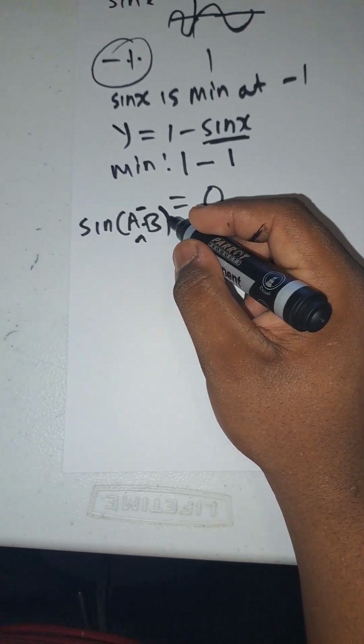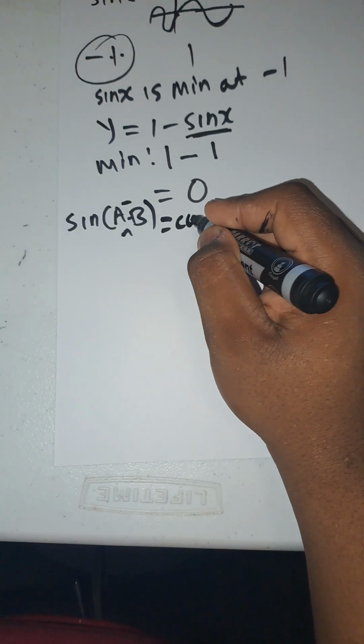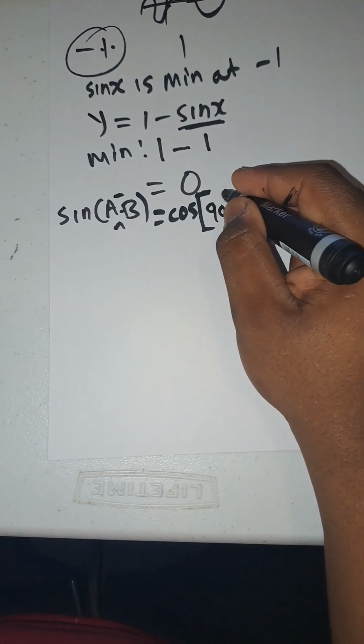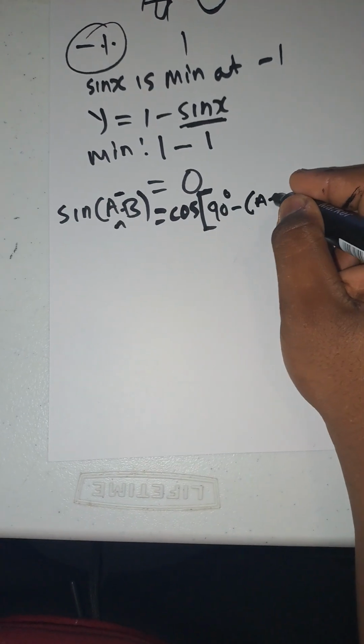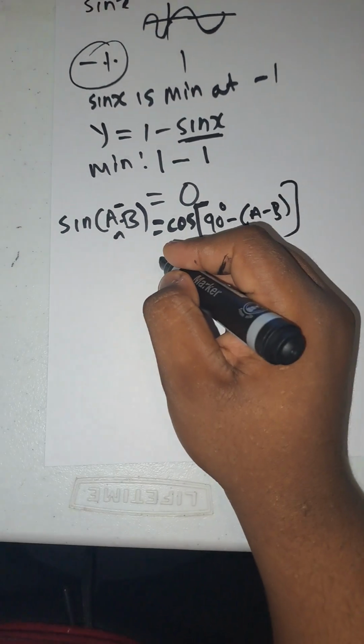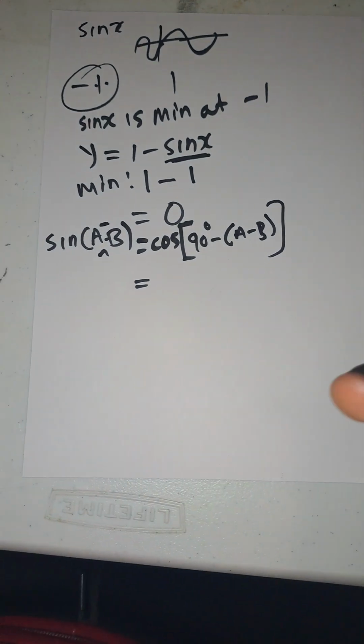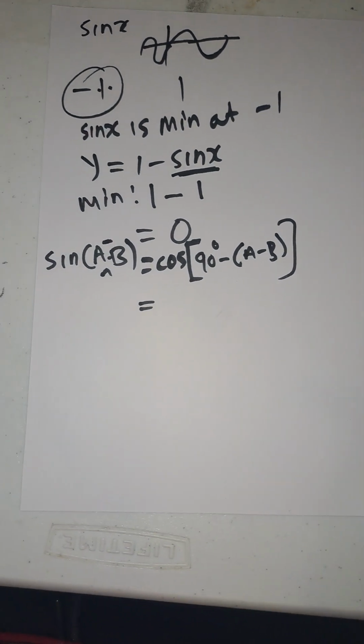So sine a minus b is equal to cos, you're gonna put your big bracket, 90 degrees minus a minus b. That's where it starts. Okay, 90 minus a minus b, because you want to change it.